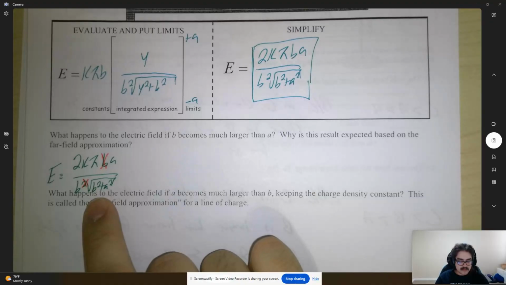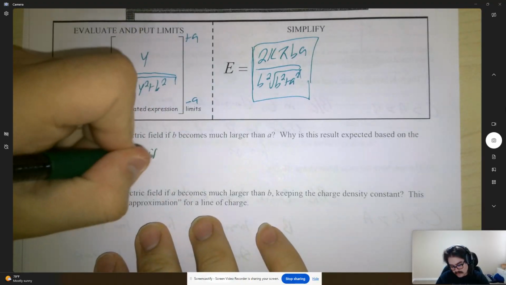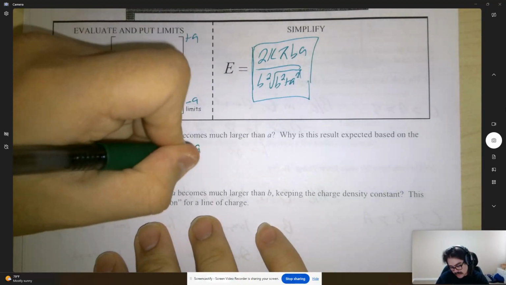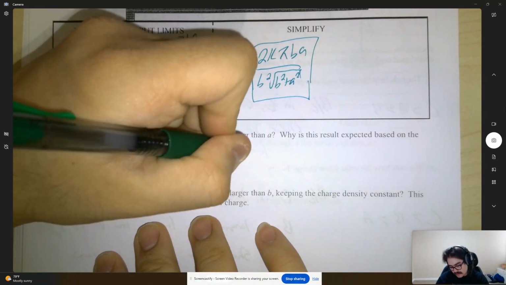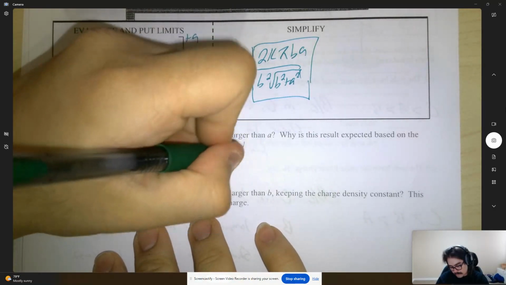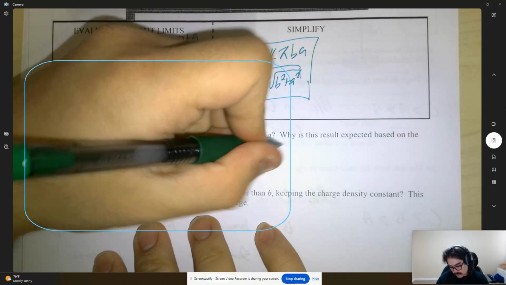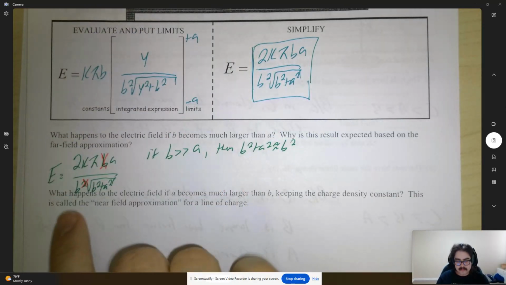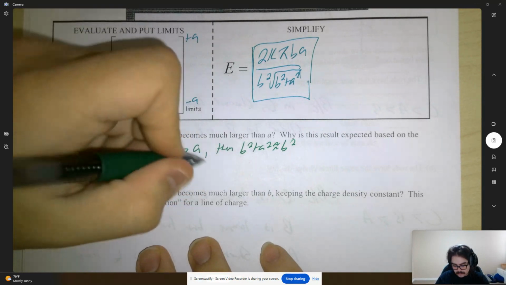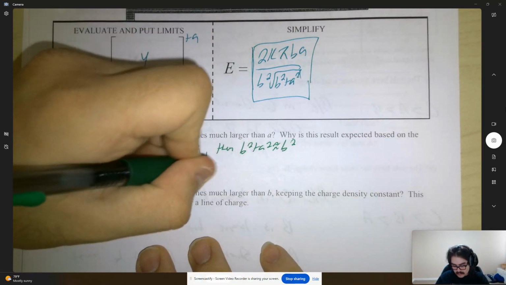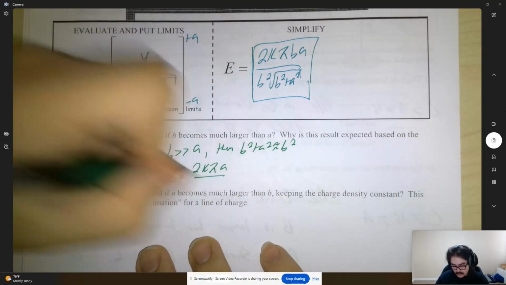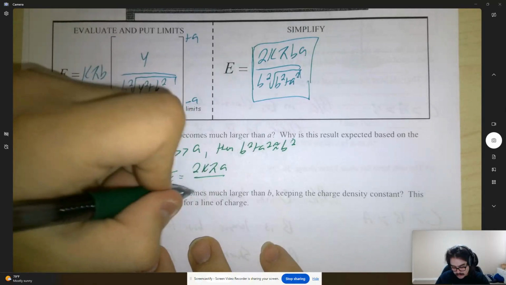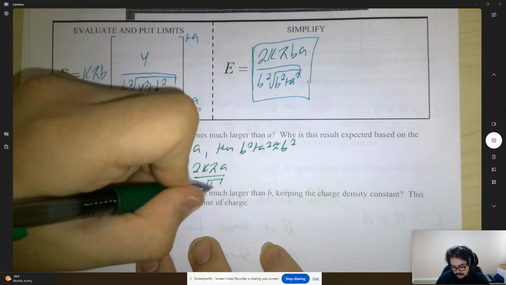If b is much greater than a, then b squared plus a squared equals b squared. So then this would become E equals 2k lambda a over b times root b squared.